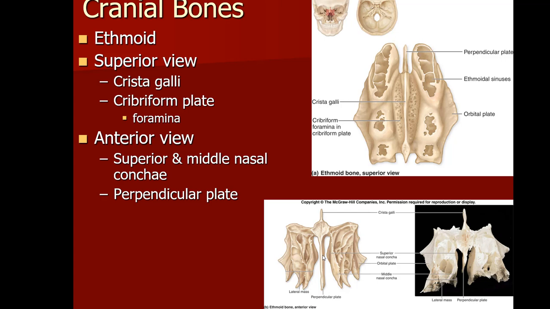In addition to that, you get these curved structures. So superior and middle nasal concha. And so these are important. Superior and middle nasal concha, here and here. They're just curved parts of the bone. Sometimes they're called turbinates because when you inhale, air rushes by them in the nasal cavity, and the superior and middle nasal concha help spin the air and turbulate it.